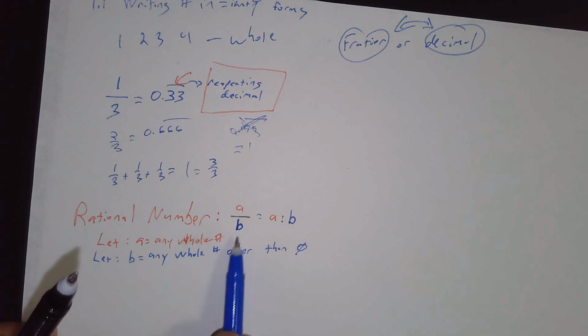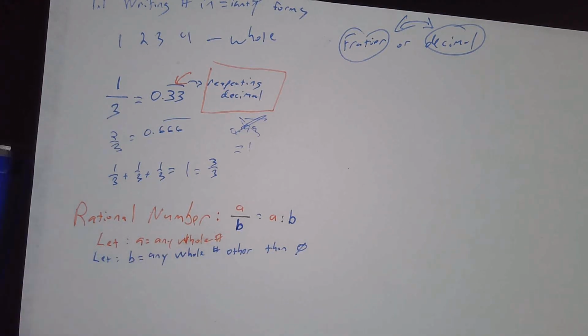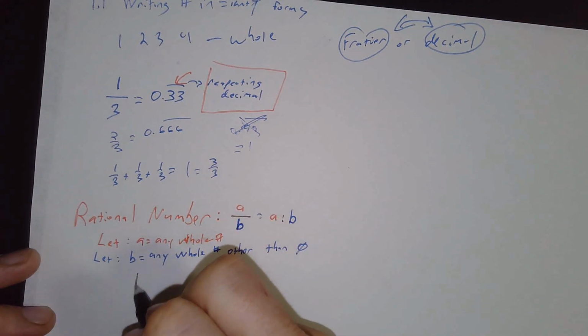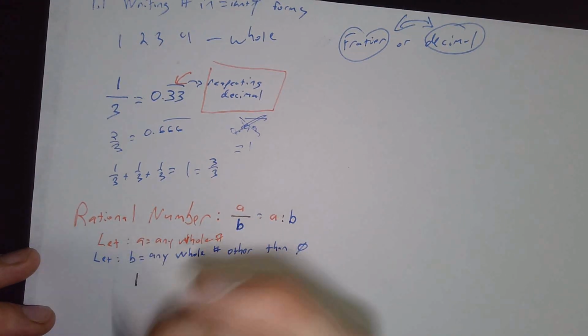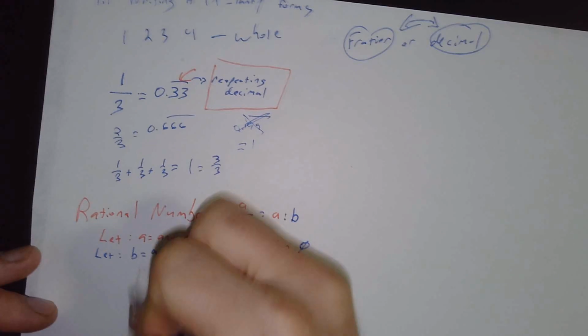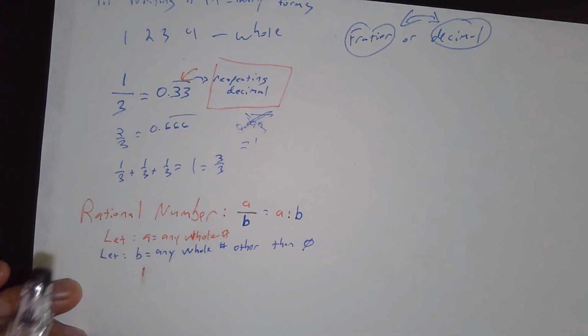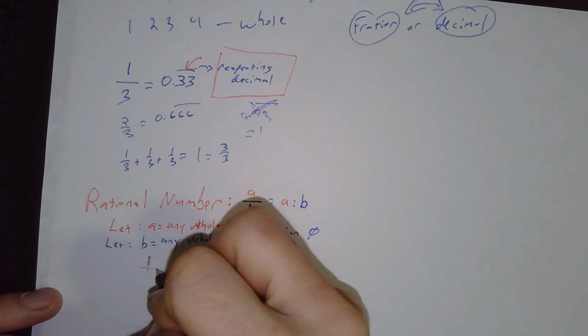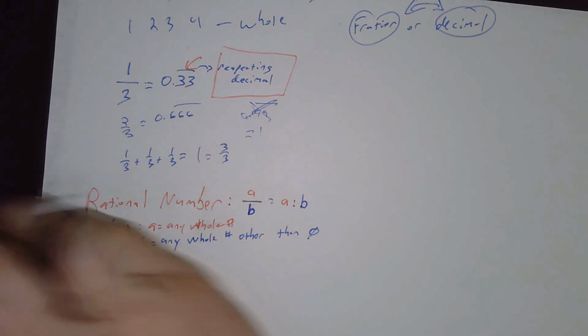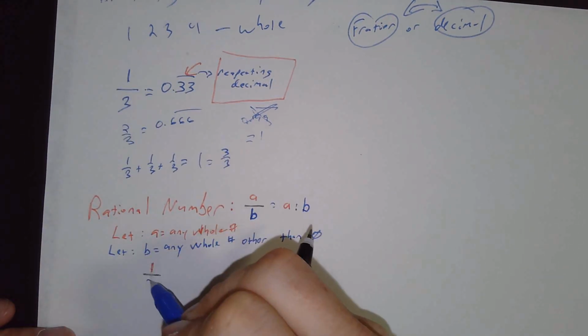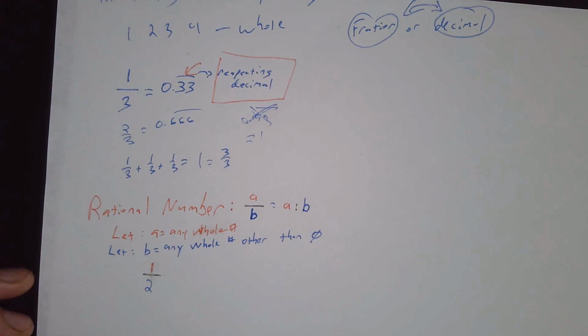Say apples to bananas. For instance, if I have 1 apple, for every 1 apple I have 2 bananas, right? That's my ratio.